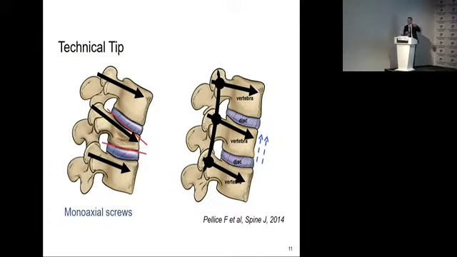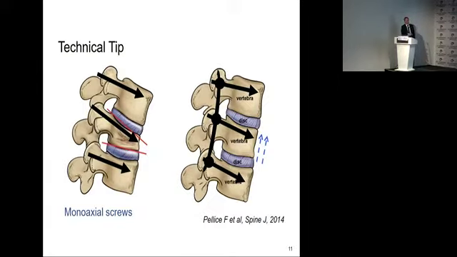If you have a ball and socket between the shaft and the screw head, you cannot reduce your fracture. If you apply the reduction maneuver, it kinks at the ball and socket part. So that's why you need to use monoaxial pedicle screws.